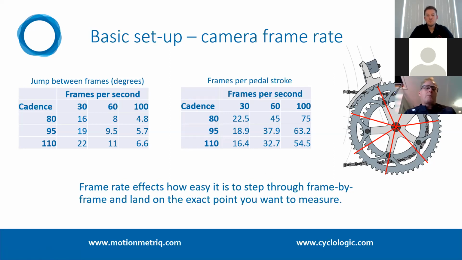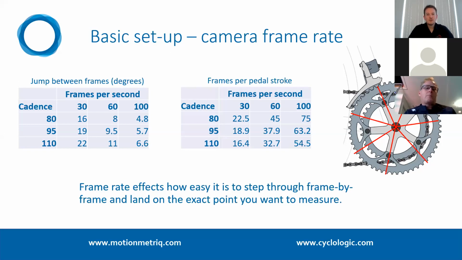The frames per pedal stroke is that second table on the right hand side. The first table shows the distance between those red lines, the second table shows how many red lines there would be, and those red lines represent the point at which a freeze frame would occur.